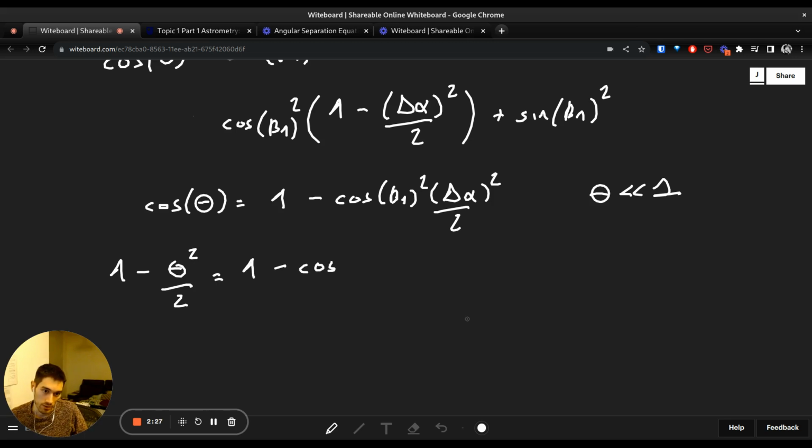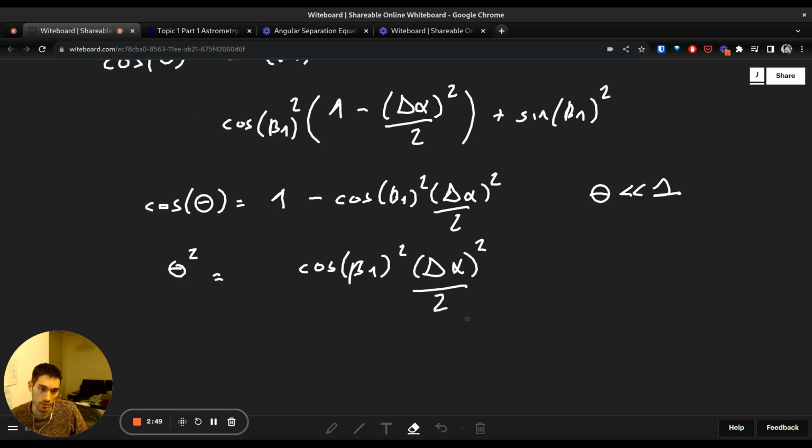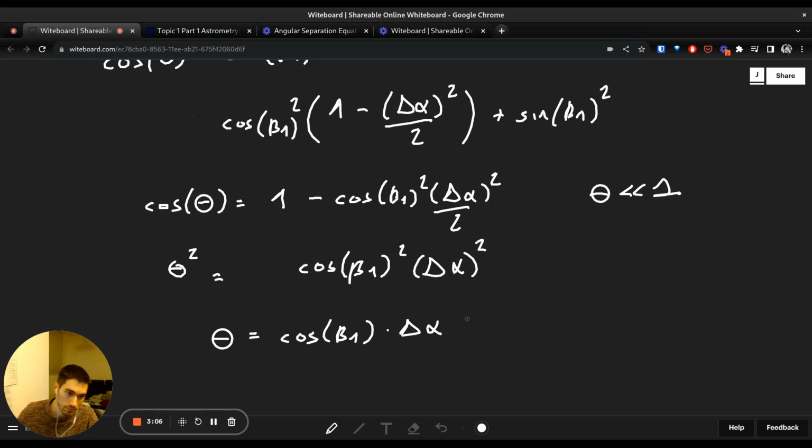Then it means that is 1 minus cosine beta 1 squared difference of alpha squared over 2, and then simplify: 1 goes away, the minuses go away, 2 goes away, and we are left with theta equal to cosine of beta 1 times the difference of alphas.